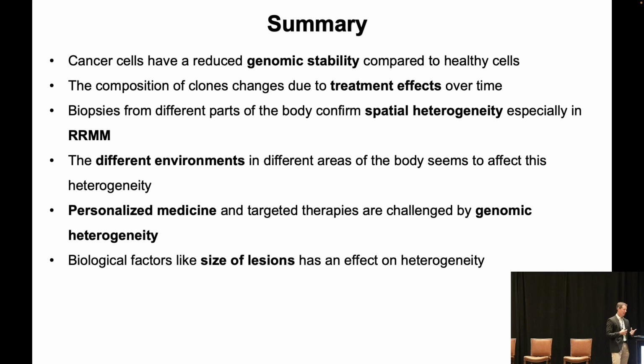In summary, as I mentioned, there's genomic instability, actually. Some have more stable, others have more unstable genomics, and that can lead to mutations over the course of the disease. There is a different composition, and the treatment makes that even more diverse because some cells respond.